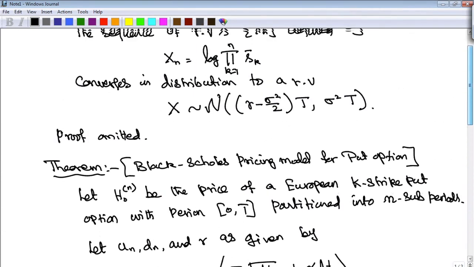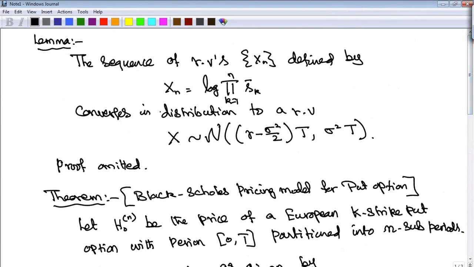Recall that in this property we say that xn converges in distribution. But if you recall, the convergence in distribution of random variables is defined only in terms of the convergence of the respective distributions. You would have studied this in your probability course, and consequently it is not necessary that the random variables are defined on the same probability space.